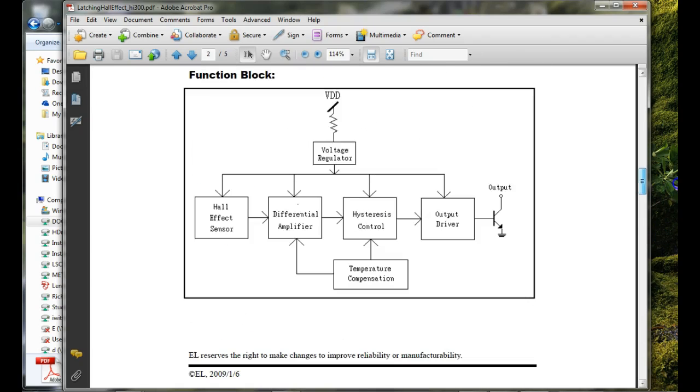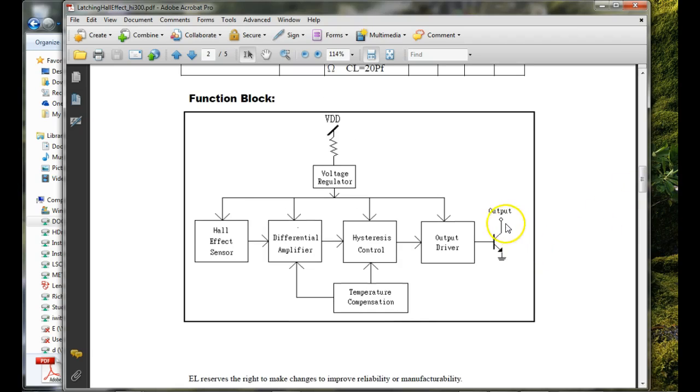So that's the actual block diagram of the whole sensor itself. This is what we call a sinking sensor, because this guy is the actual guy that's simulating a closed contact. What it's going to do is take this lead and connect it to the common.